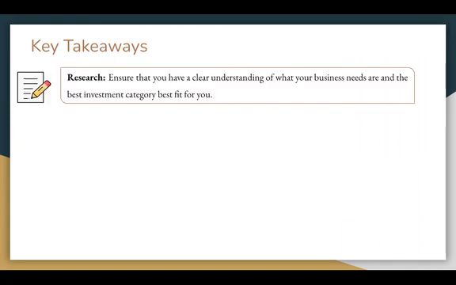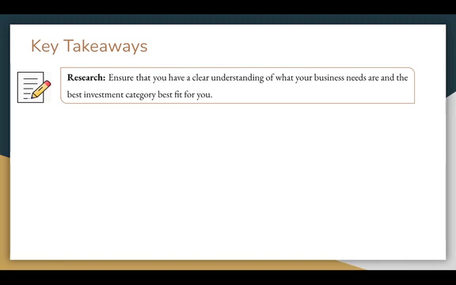Right. So the key takeaways from this section. Research: you need to ensure that you have a clear understanding of what your business needs are and the investment category that is the best fit for you. We looked at all the different types of investors. By now, you should know at what phase your business is in its life cycle, and so which funding source is appropriate for that life cycle.